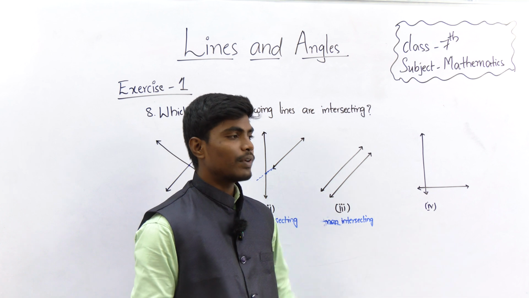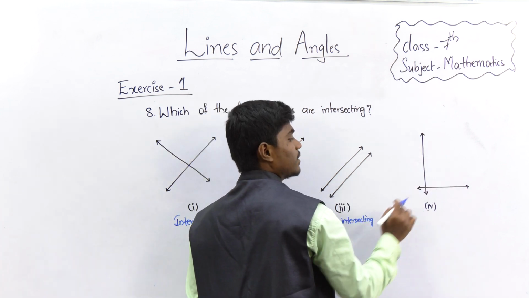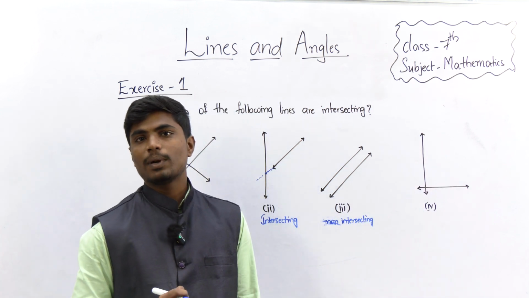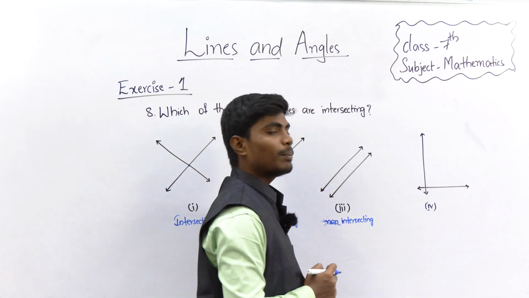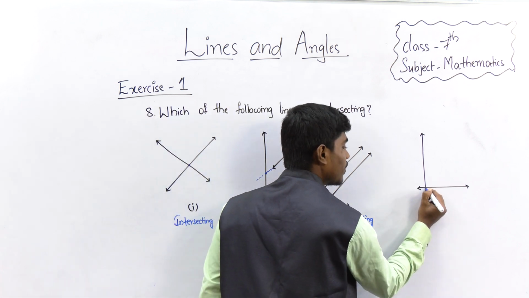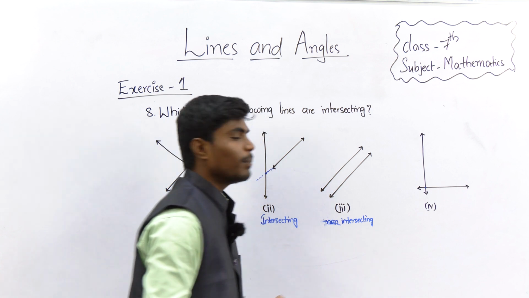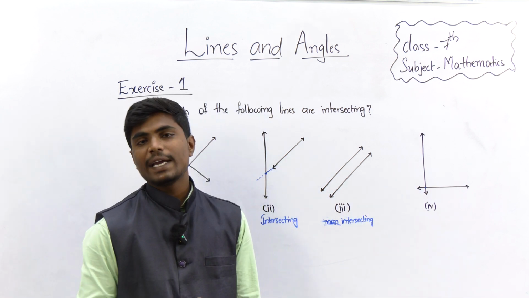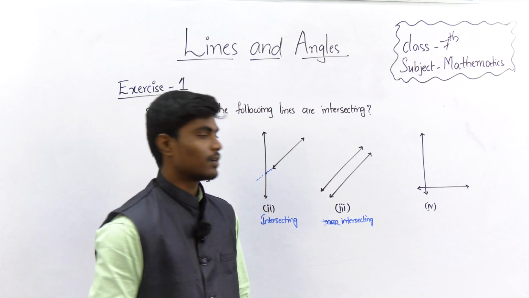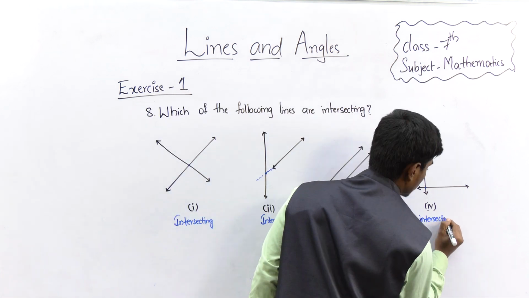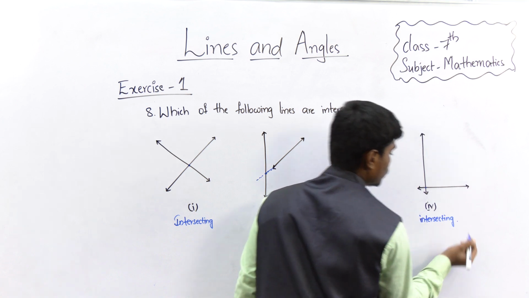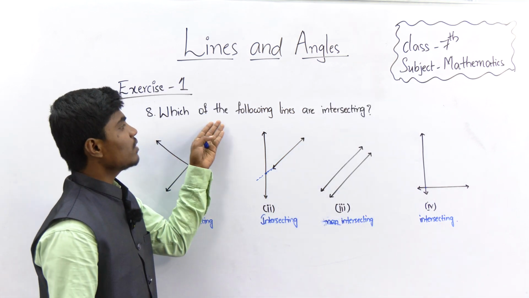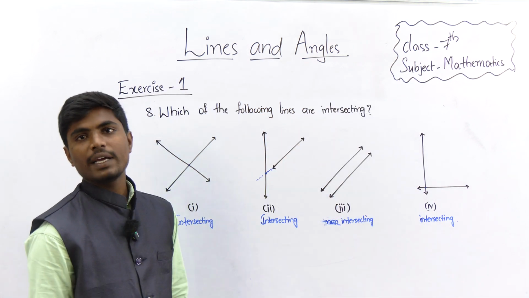And in the last figure, these two lines have one common point. Where is the common point? Here. So these two lines are also intersecting each other. Okay, which of the following lines are intersecting?